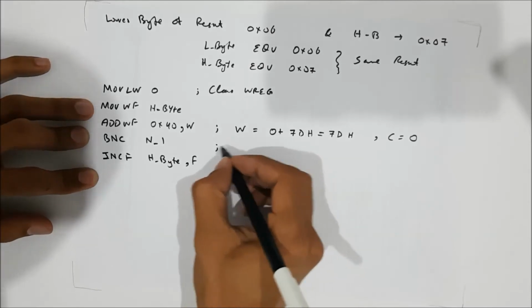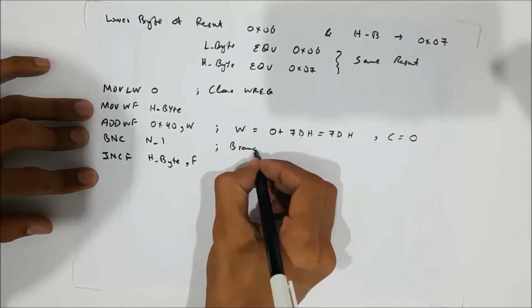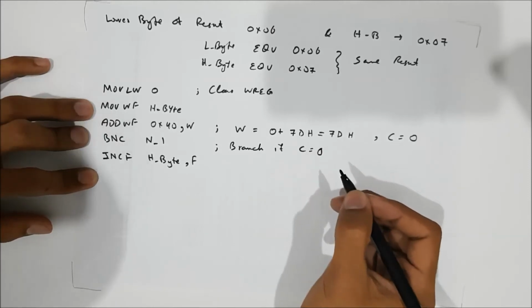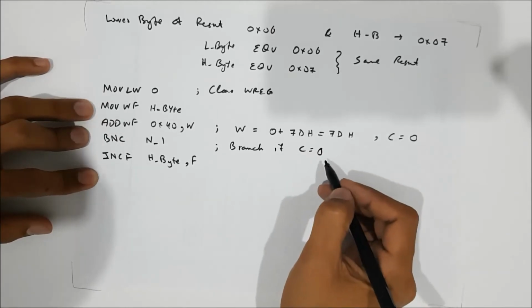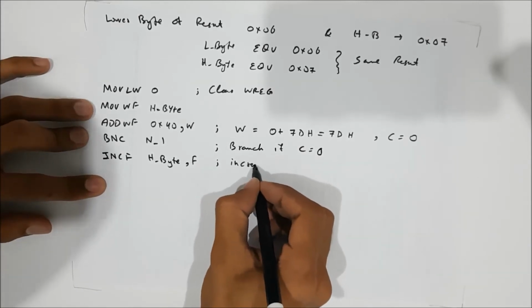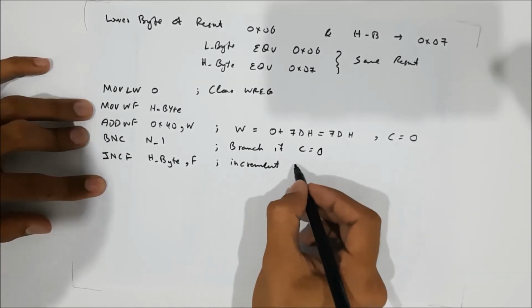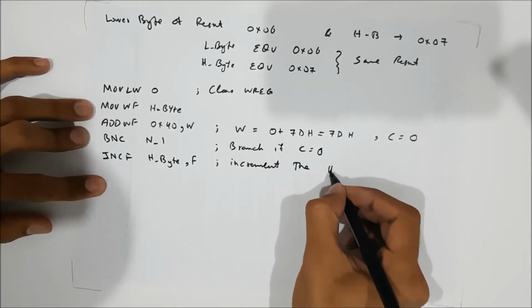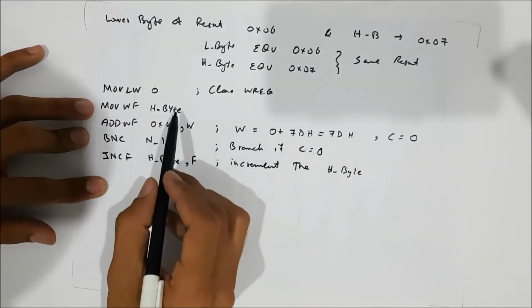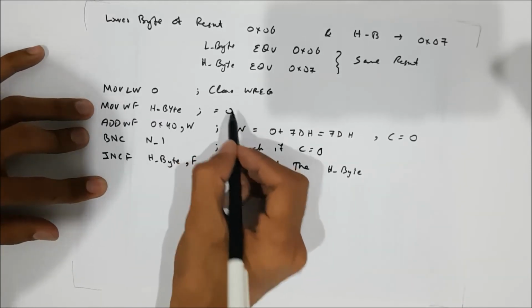What it will do is branch if carry is equal to 0, as was the case here. Otherwise, it will increment the higher byte. The higher byte was initially 0.